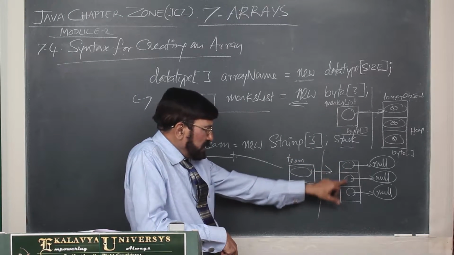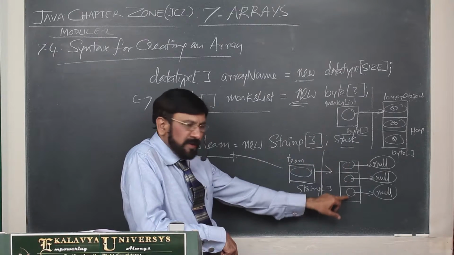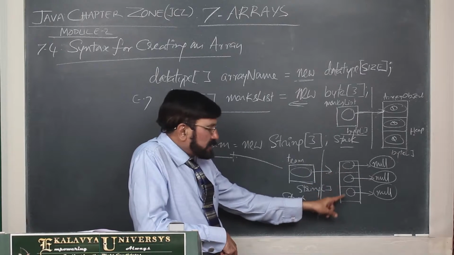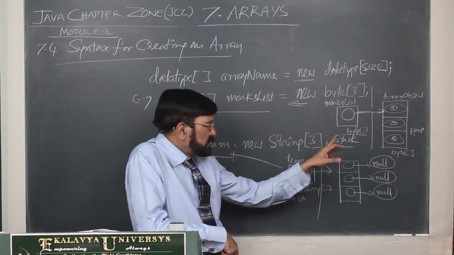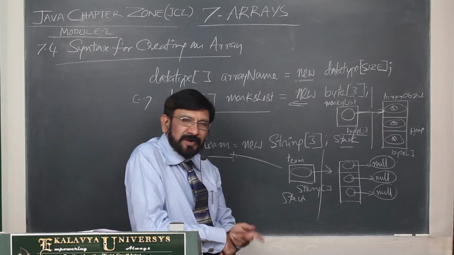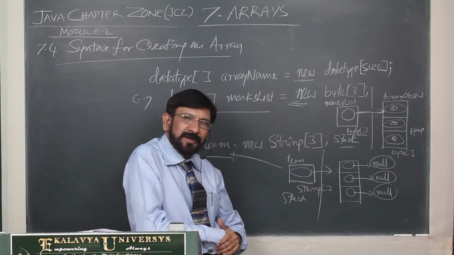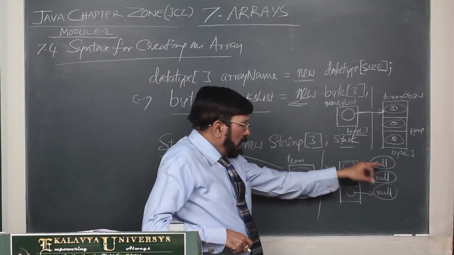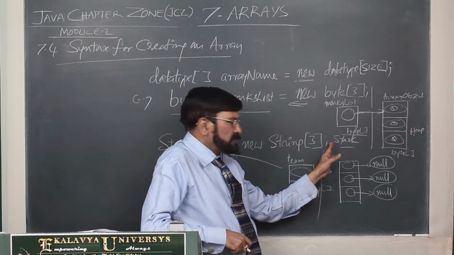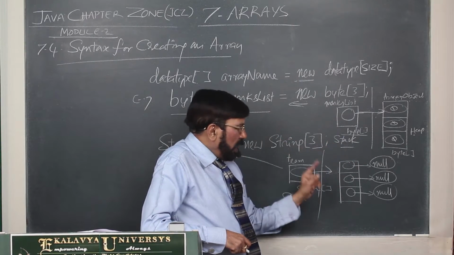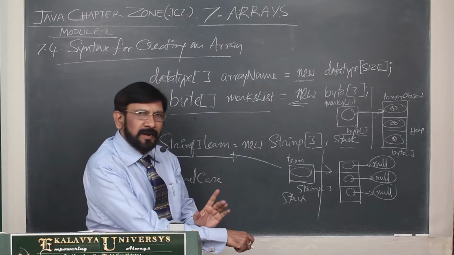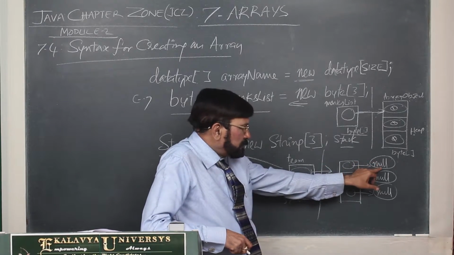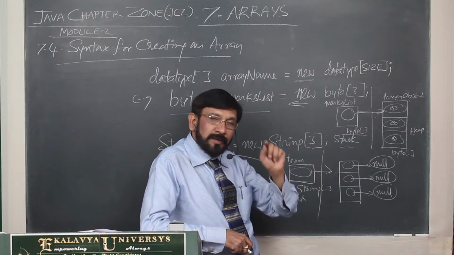That's why 3 are created. Here 3 strings are created, and strings are objects, so references are required. So 3 references are created. You didn't assign any names for the team members, so until you assign names, they refer to the null.